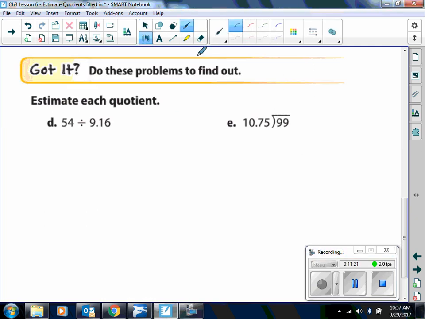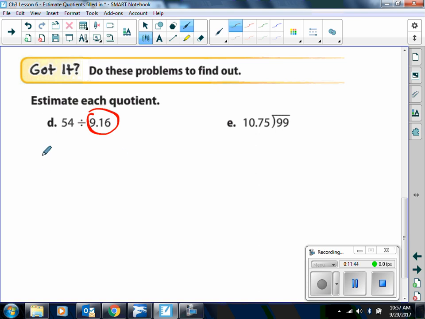All right, so here we want to estimate 54 divided by 9.6. Make sure you write down your original problem. When we round, we're going to round the divisor to a factor of 54.